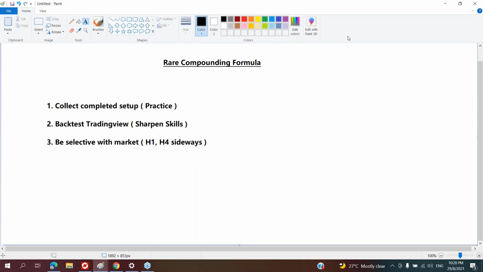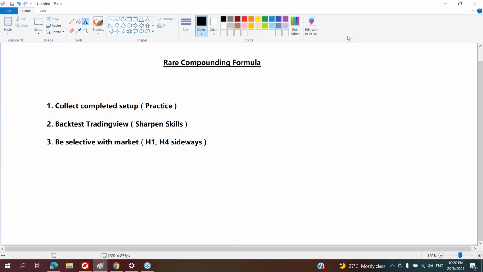So why the rare compounding formula? Because this type of compounding is real quick and very selective, and it's very rare because it uses a high lot.